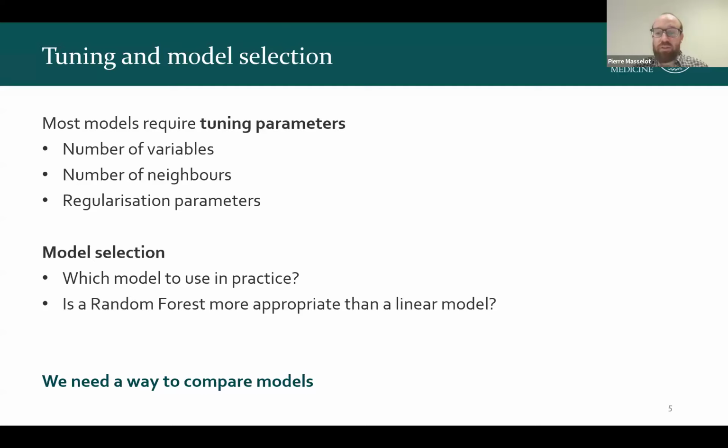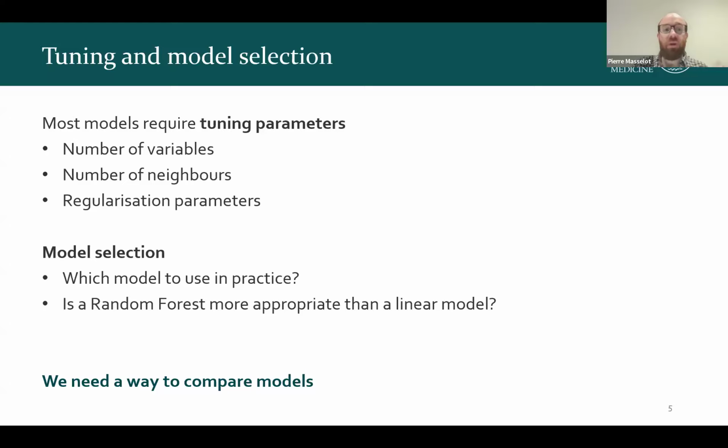These are parameters that you need to fine tune, as the name indicates, so that your model performs well. That can be the number of variables, for instance, if you consider a very large linear model, the number of neighbors in the k-nearest neighbors, or regularization parameters in neural networks, but also in other models like Lasso or Ridge. This can be any kind of different parameters, but you will always need to choose these parameters.